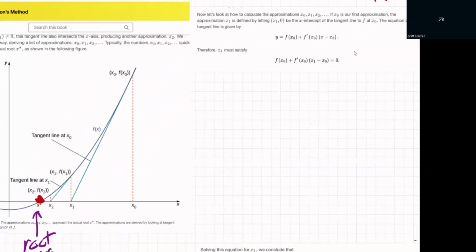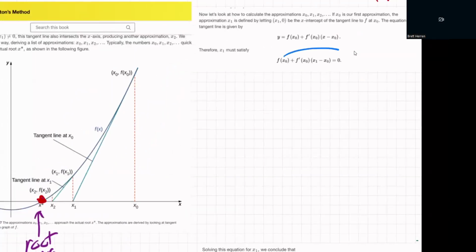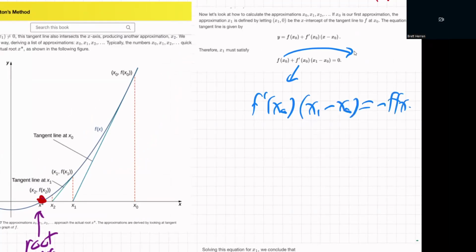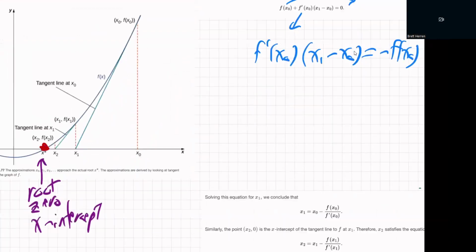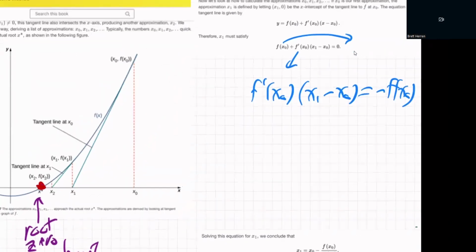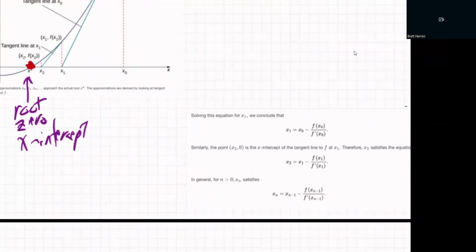Here, maybe I'll just show that part of the puzzle. How would you solve this for x1? We'll move this to the other side. So then we get f prime of x0 times (x1 minus x0) is negative f of x0, right? And then, what we're trying to solve for is x1, aren't we?